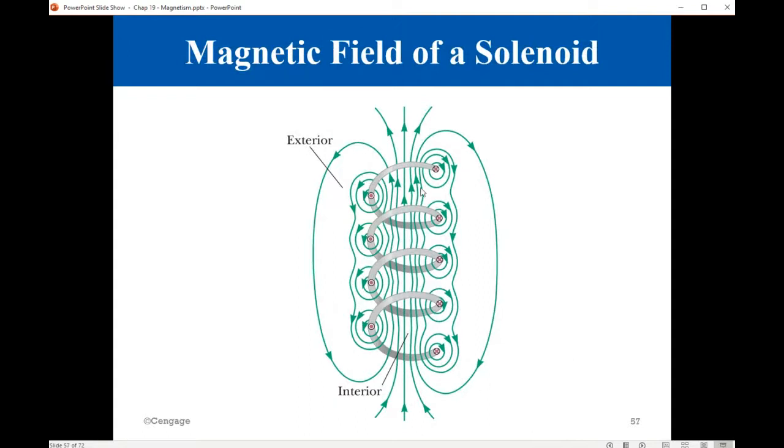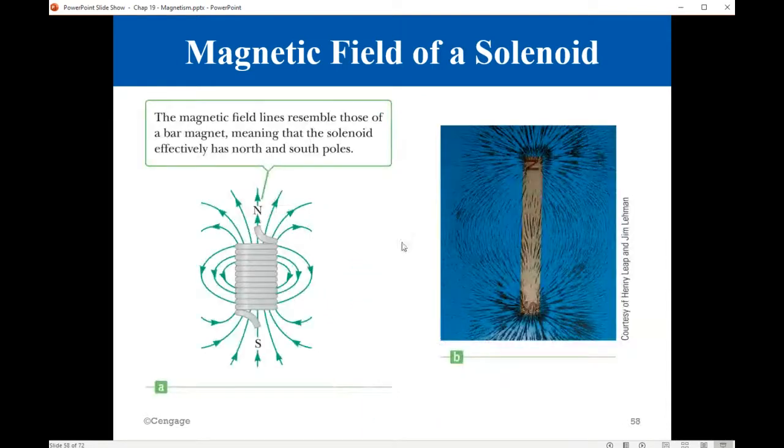Okay, this is what we have for a solenoid. We add the magnetic fields due to each one of these turns in the solenoid. They add up, by the superposition principle. Outside, the field is so weak, we can assume it to be 0. But inside the solenoid, the field is so dense.